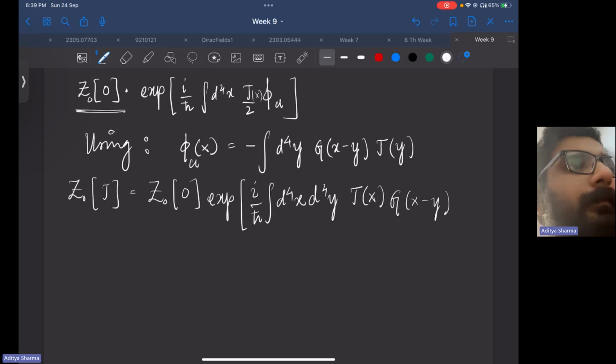This is x, remember, this is also x, with a factor of 2. I'm going to put it here. This minus sign comes from this minus sign.